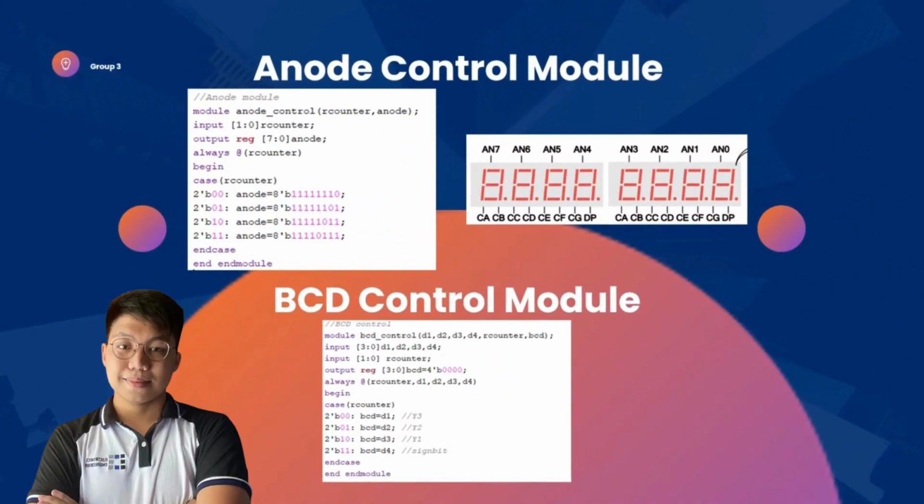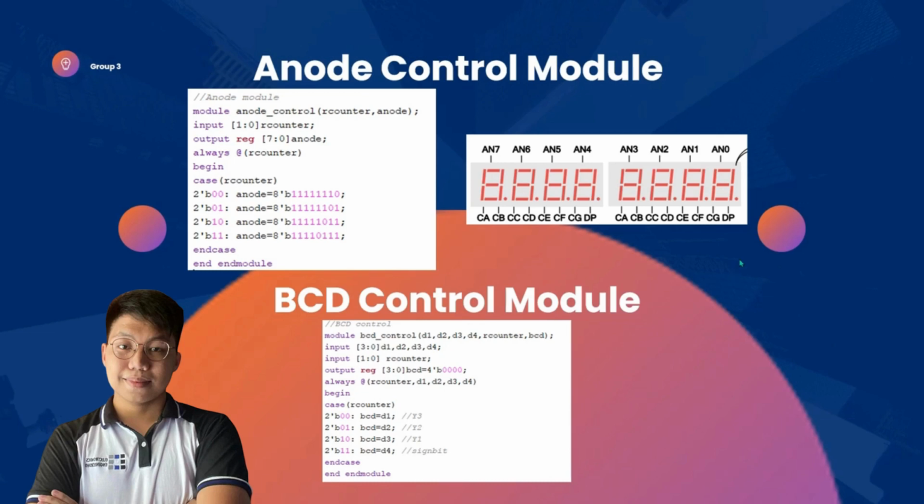The anode control module pertains to the anodes on the FPGA board. Since the implementation of the project only uses 4 7-segments, there are also 4 case statements as shown in this figure. In addition, the BCD module controls the number that will be displayed on a certain anode.